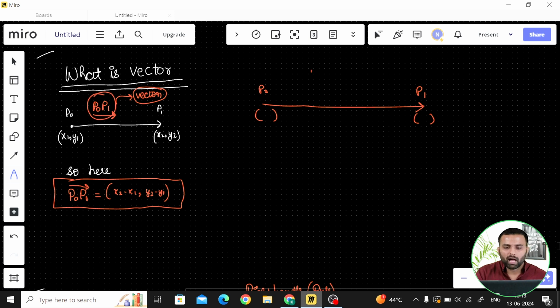That P0 P1 is called a vector. That particular vector can be written like this: its coordinates will be x2 minus x1 and y2 minus y1.